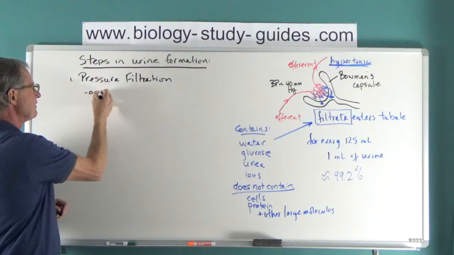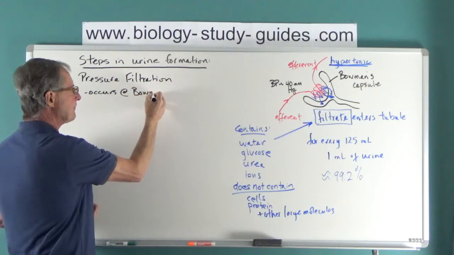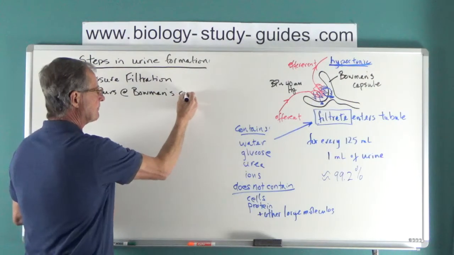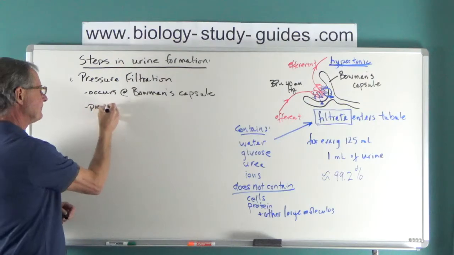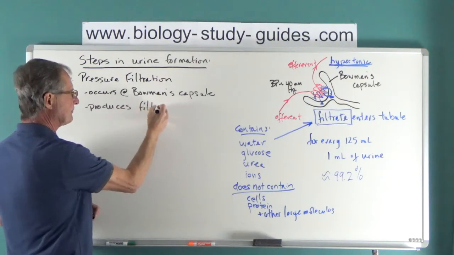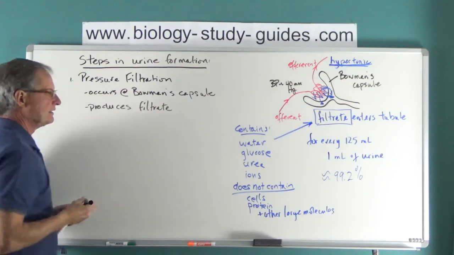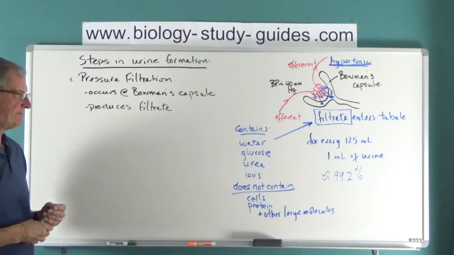It occurs at Bowman's capsule, and it produces a filtrate that has things in it that we still need.